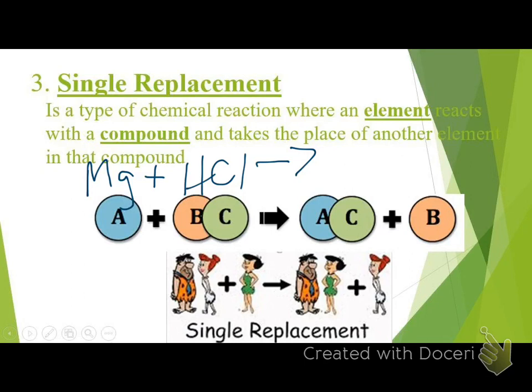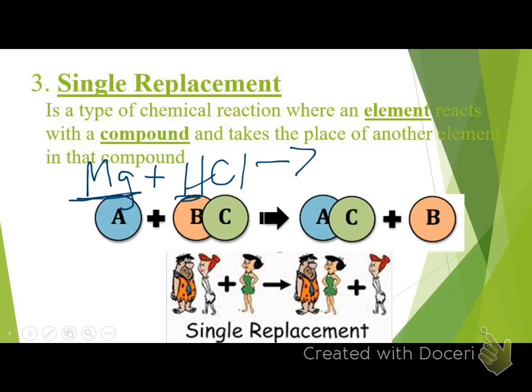Not anymore, at least. When I look at this, and I've noticed that this is a single replacement, that singleton looks to replace its own. What do I mean by own? Is that a metal or a non-metal? Magnesium is a metal, right? So if it looks to replace its own, it looks to replace a metal. Now, I understand that this is hydrogen, but we know from ionic that hydrogen acts like a metal, right?